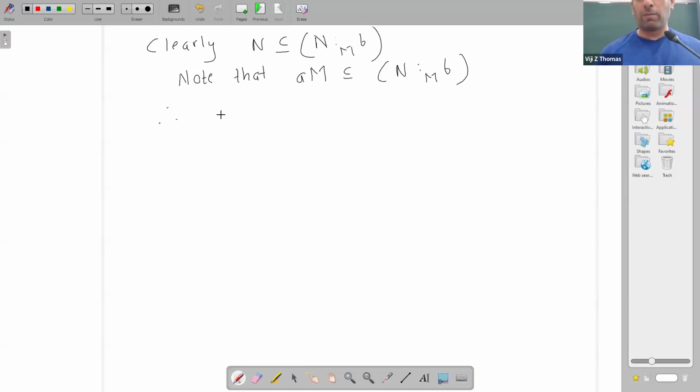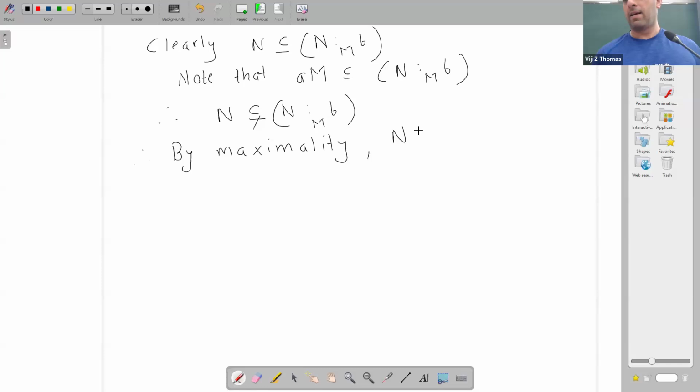Therefore, what we have observed is N is strictly contained in this. Therefore, by maximality, N colon M B is finitely generated.